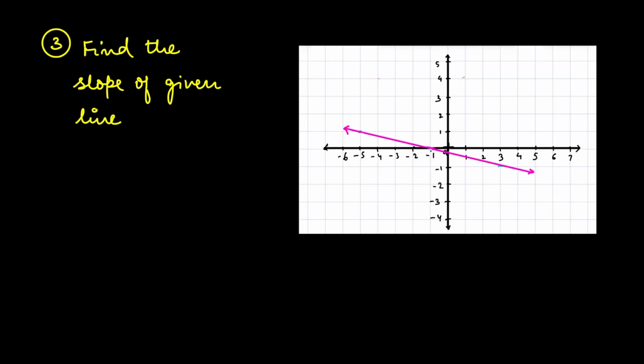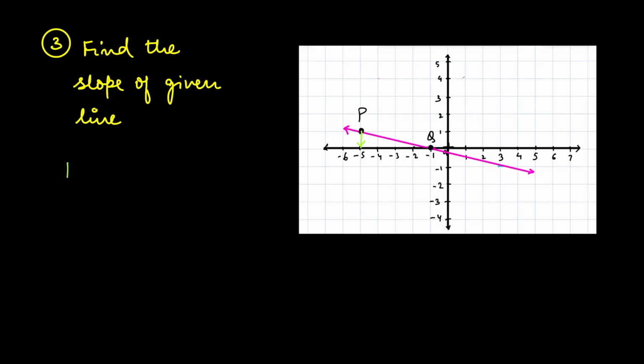Now example 3. Again in this we are supposed to find the slope. So we highlight 2 points whose coordinates we are able to read. I'm highlighting this point and marking it as P. And the other point we can see here is Q. So first, to reach from P to Q, we take 1 unit down.